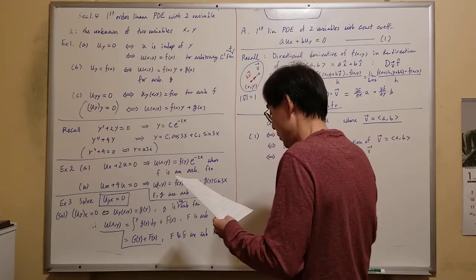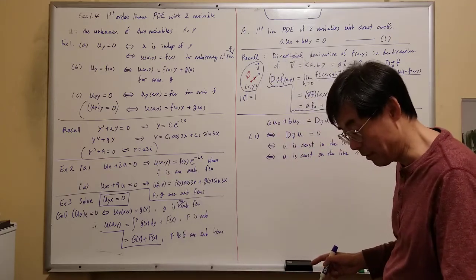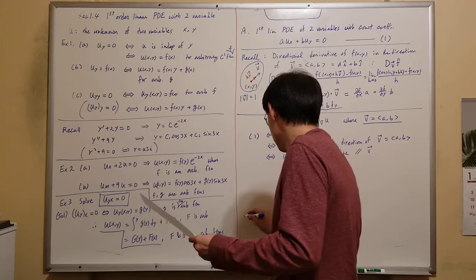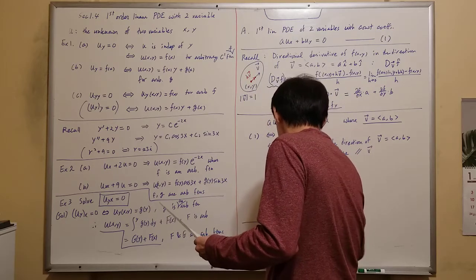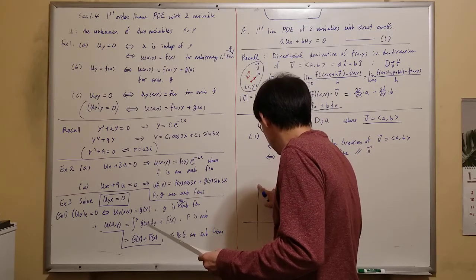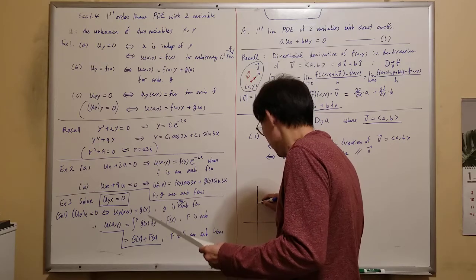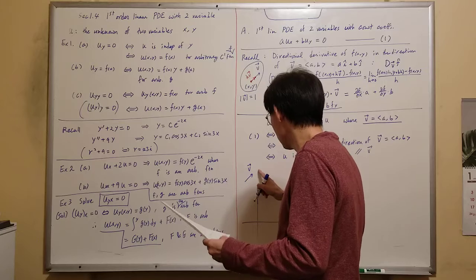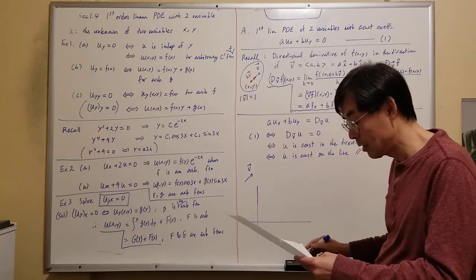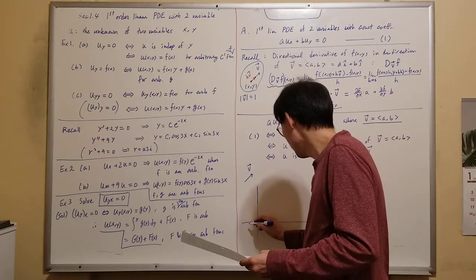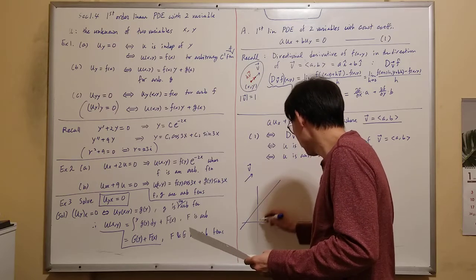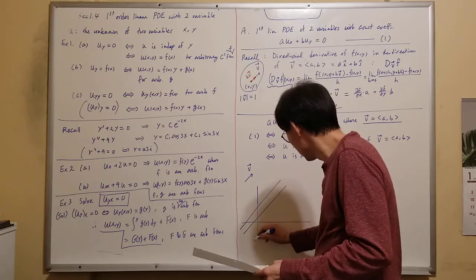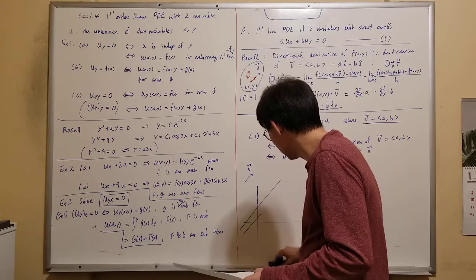So now think about it. Let's say your direction vector v is in that direction. All the lines parallel to this direction have the same constant.